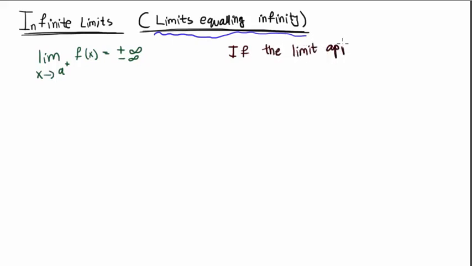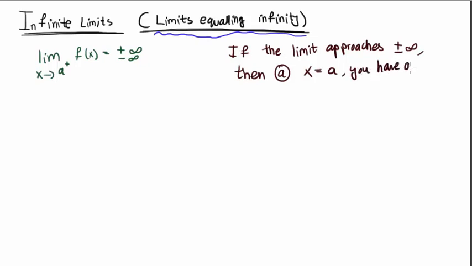So if the limit approaches positive or negative infinity, then at x equals a, you have a vertical asymptote.